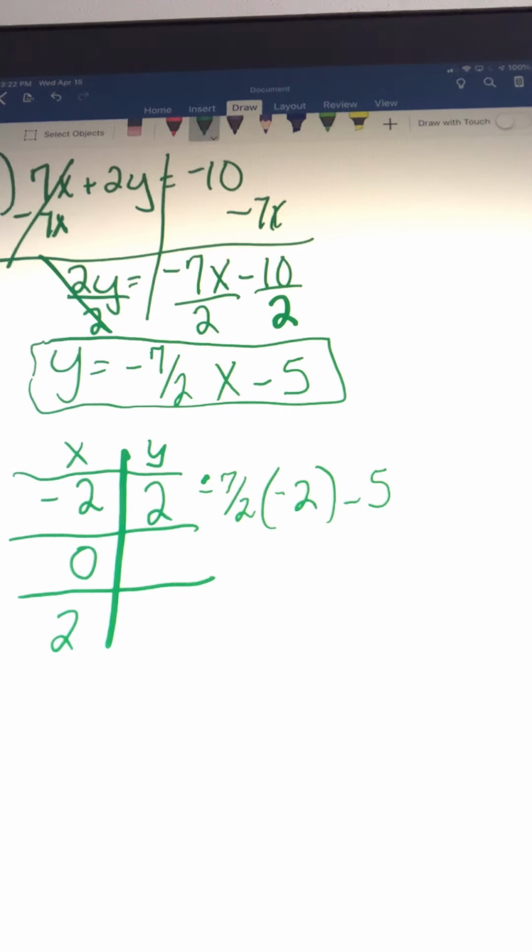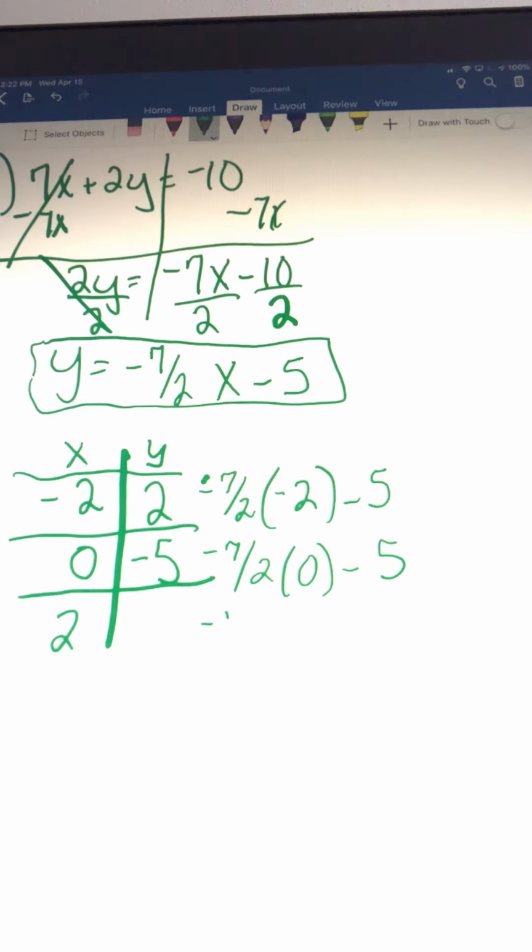Again, you can use a calculator. Next one is 0. So negative 7 over 2 times 0 minus 5. Anything times 0 is 0. Minus 5 gives you a negative 5.